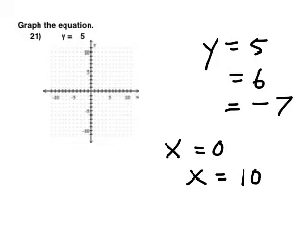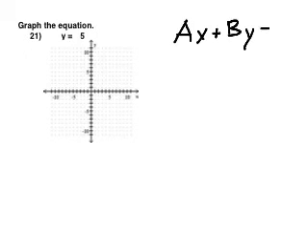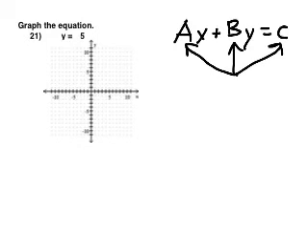But if you think about this, the standard form is ax plus by equals c, where the a, the b, and the c are just numbers, constants. And so if we put it in that form, we have y equals 5.